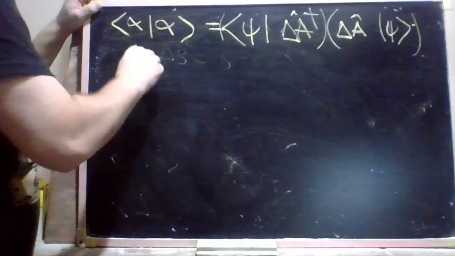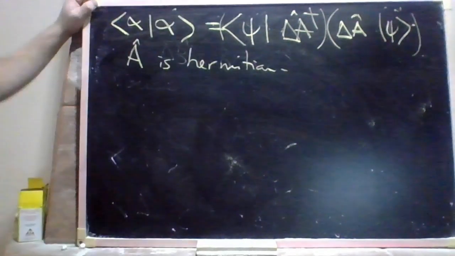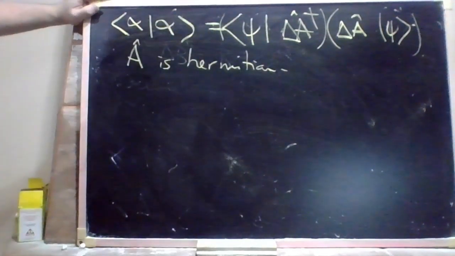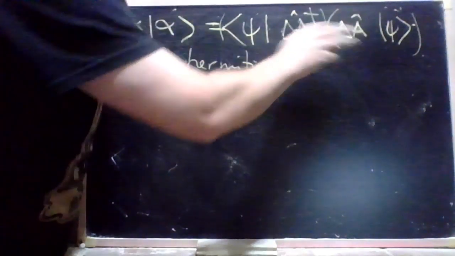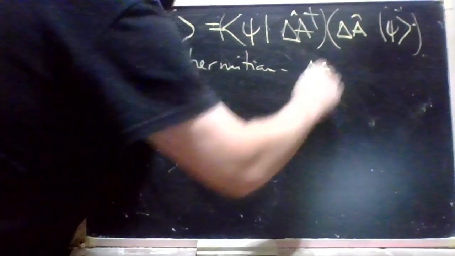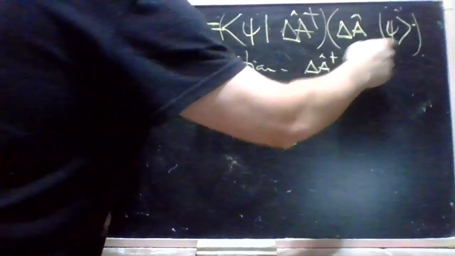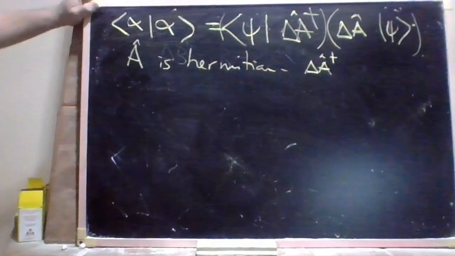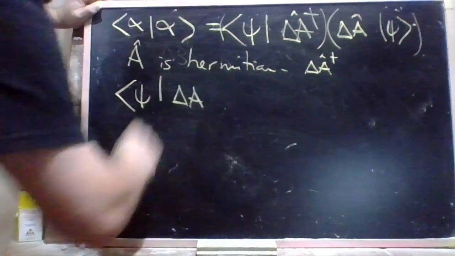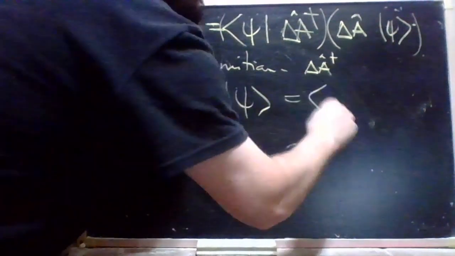But remember, A is Hermitian because we are interested in physical observables related to this equation. So it's general here, but we are interested in Hermitian operators. So also delta of A is Hermitian because A only enters inside of that operation. So we'll find here this is exactly the variance, which we write simply as this thing here.